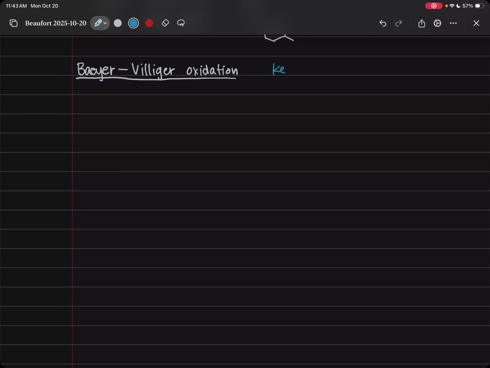We go from ketone to ester. So we have our ketone, and we're going to use, for this transformation, a peroxy acid.